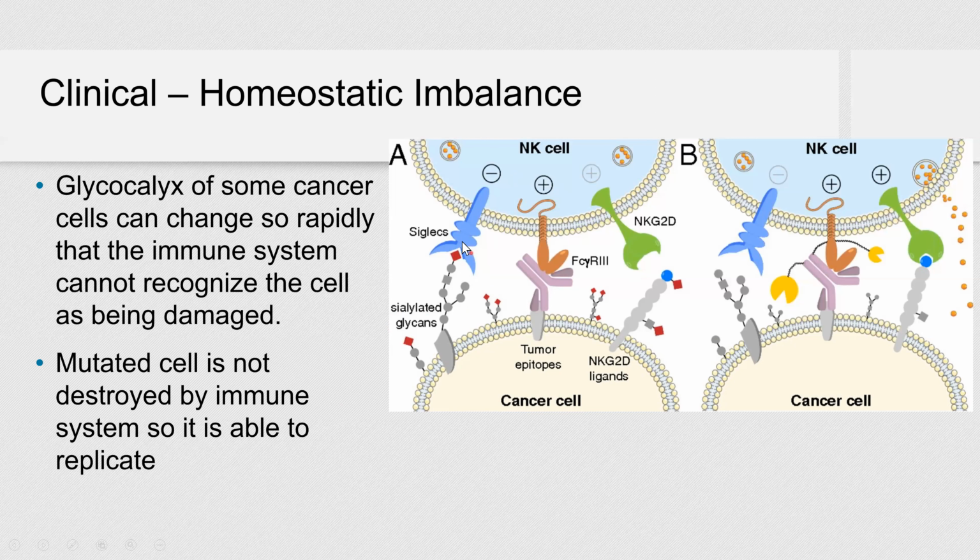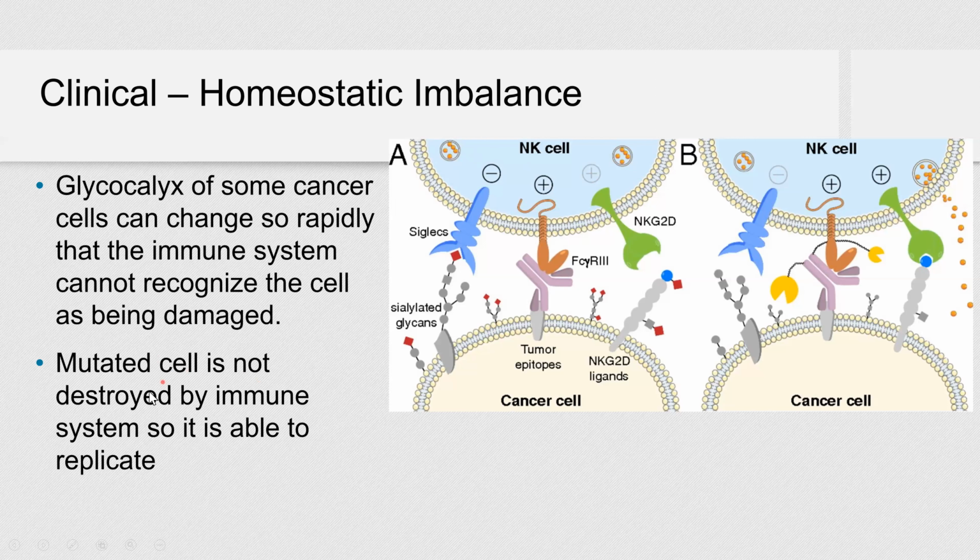So for example, this receptor that needs to be deactivated is now activated, this doesn't fit properly, and this does not fit at all. As a result, we cannot release those chemicals that would destroy cancerous cells.